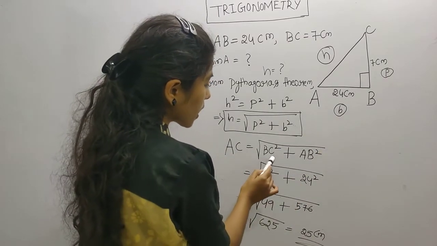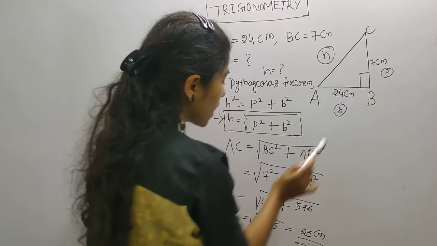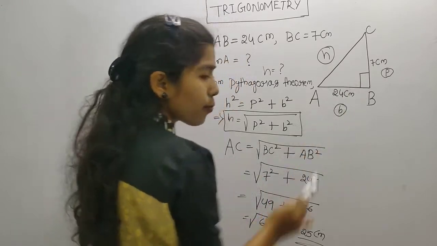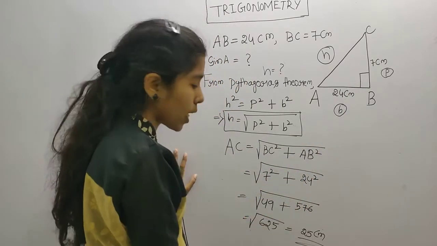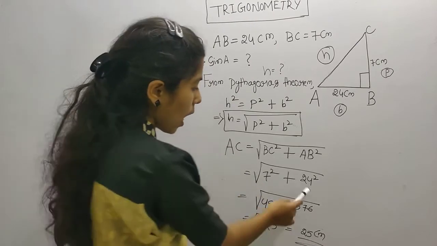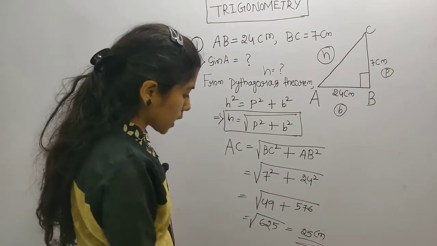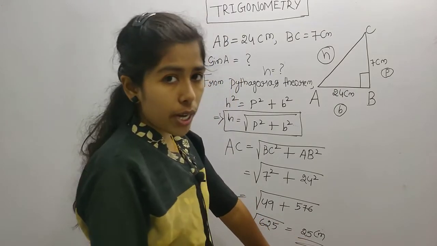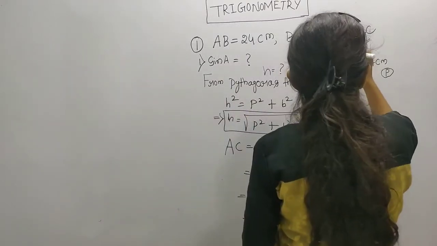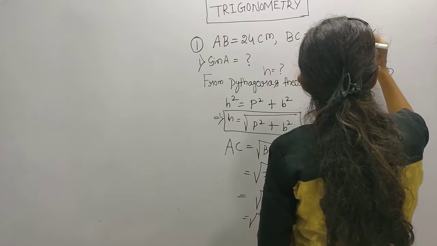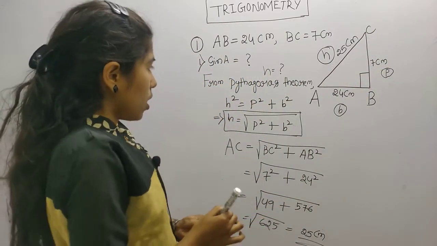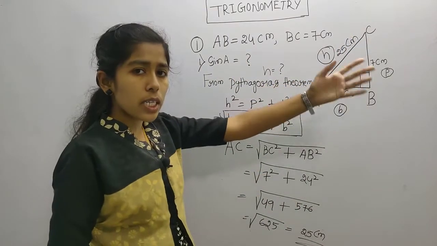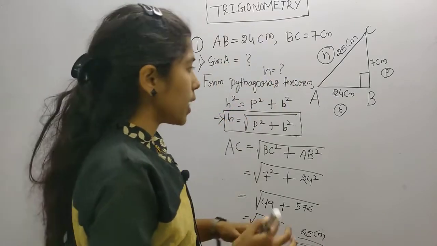BC is 7 cm, so 7 square, plus AB, 24 cm, so 24 square, equals 49 plus 576, which is 625. The root of 625 is 25. It means our hypotenuse came 25 cm. Okay. We have already found AC, so the triangle is completed. Now let's go to sin A.